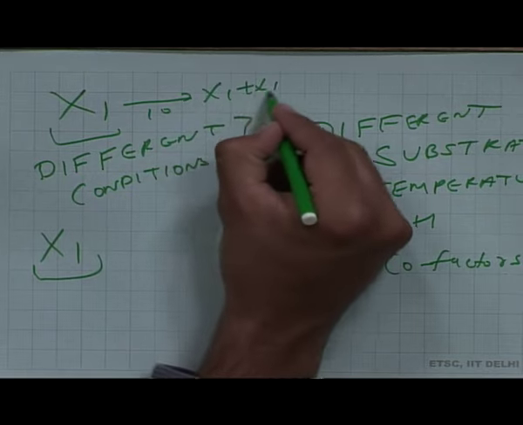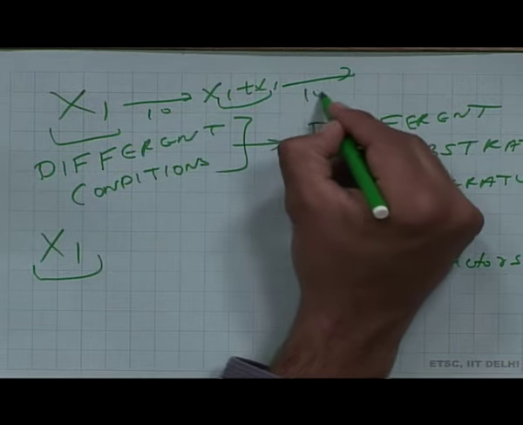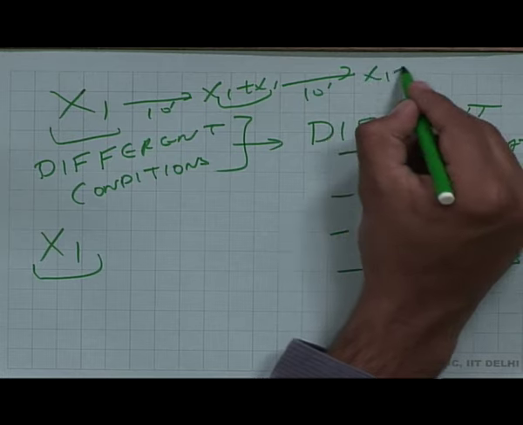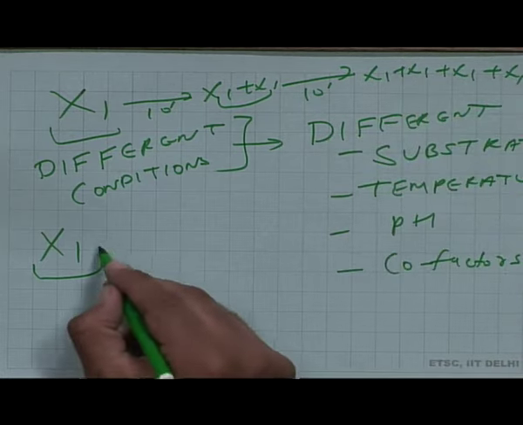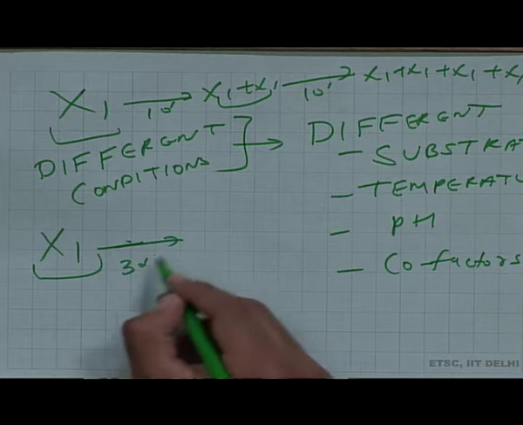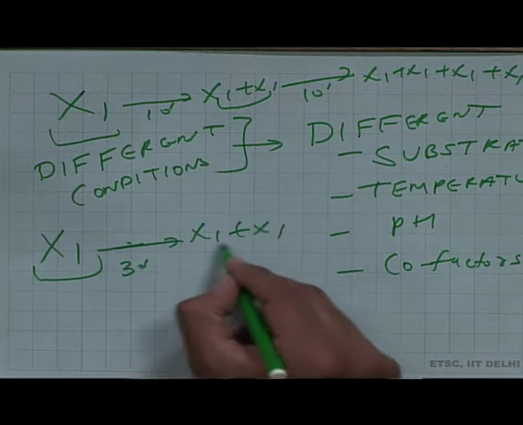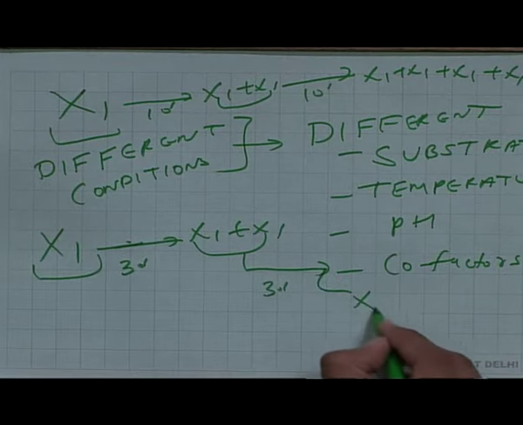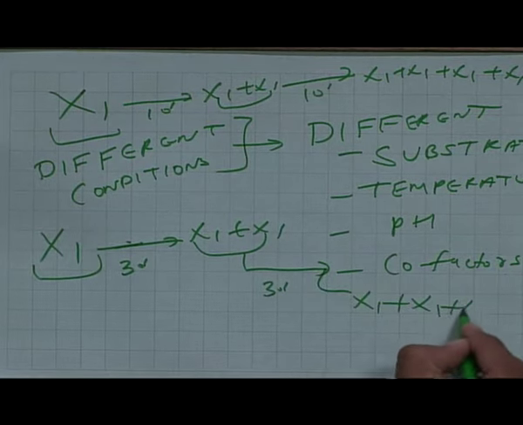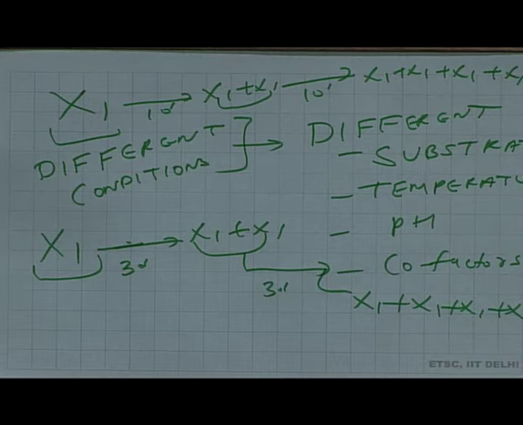Now, if we run this at different times and we use the same thing, 10 minutes x 1 plus x 1, another 10 minutes x 1 plus x 1 plus x 1 plus x 1, and here x 1 30 minutes x 1 plus x 1, another 30 minutes, this will come out to be x 1 plus x 1 plus x 1 plus x 1. Okay.